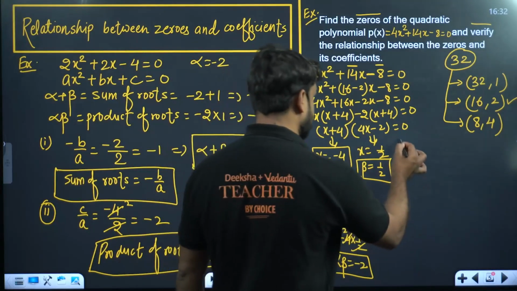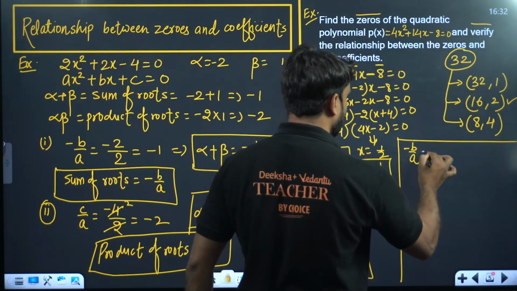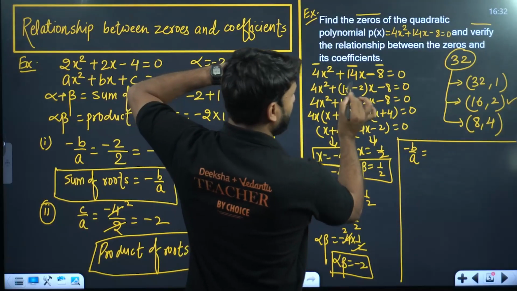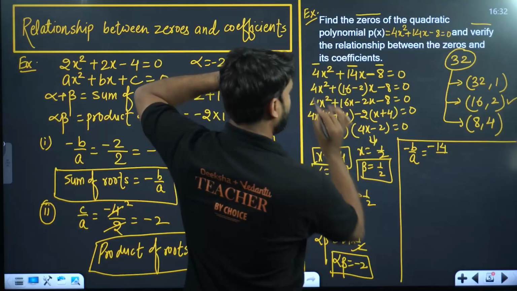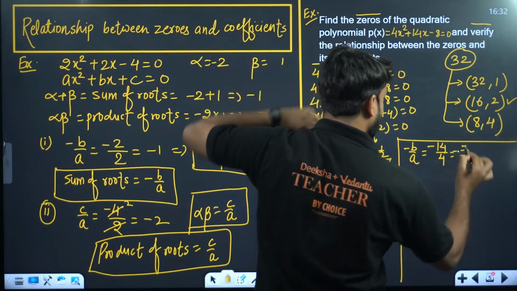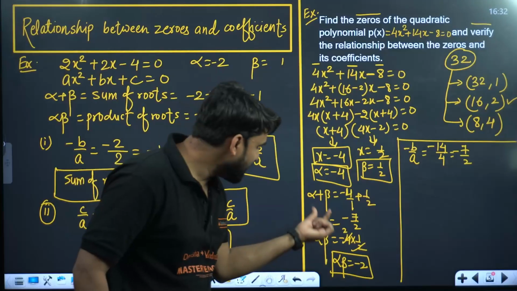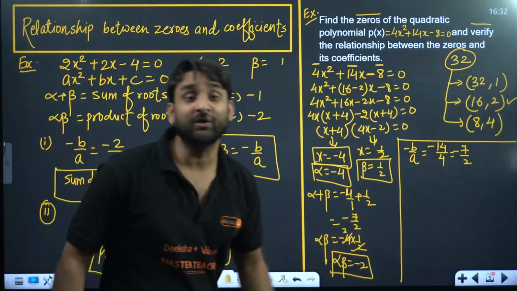So let's check it once again. Now find out minus b by a. Where is b? b is 14, but we have to write the negative sign also: minus 14. What is a? 4. Now solve this. This will be minus 7 by 2. Wow! What is alpha plus beta? Minus 7 by 2. And what is minus b by a? That is also equal to minus 7 by 2.